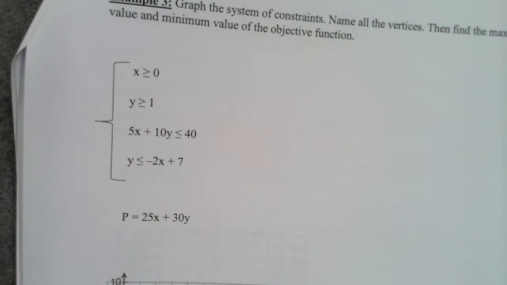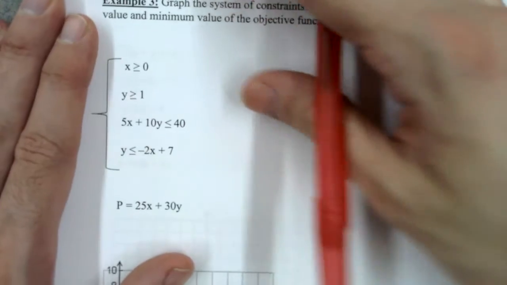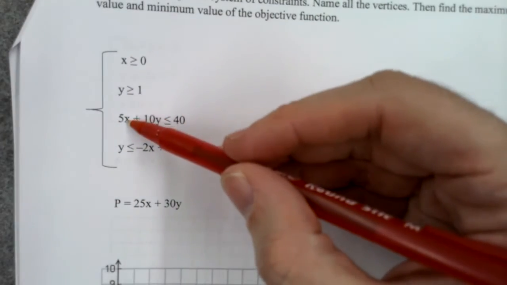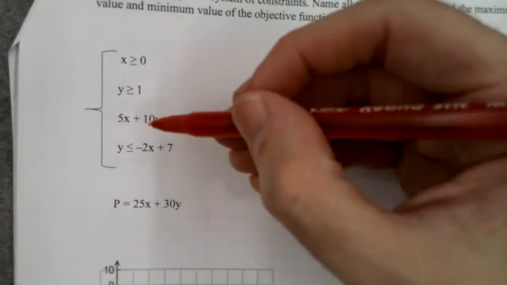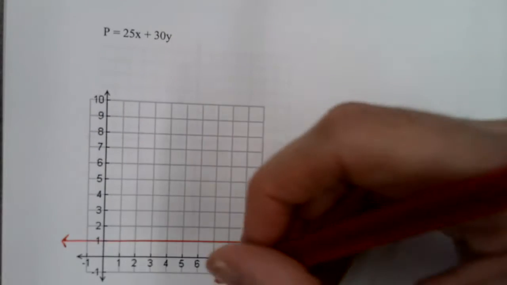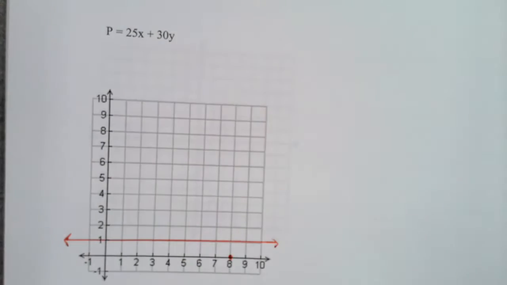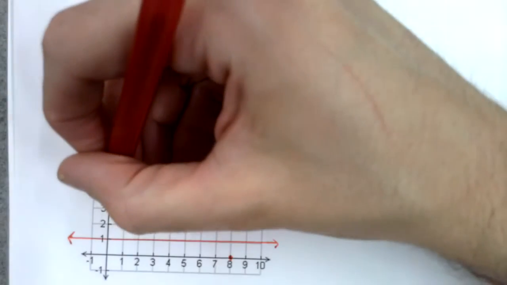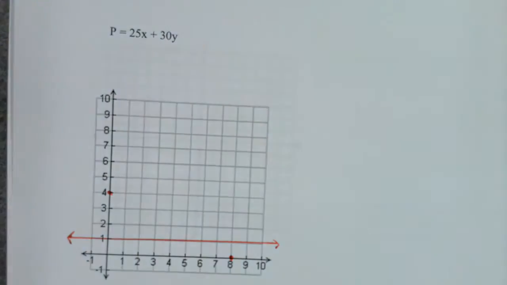5x plus 10y is less than or equal to 40. That has an x-intercept of 8. Remember, x and y intercepts. And a y-intercept of 4. Connect those. Hold on 1 second.